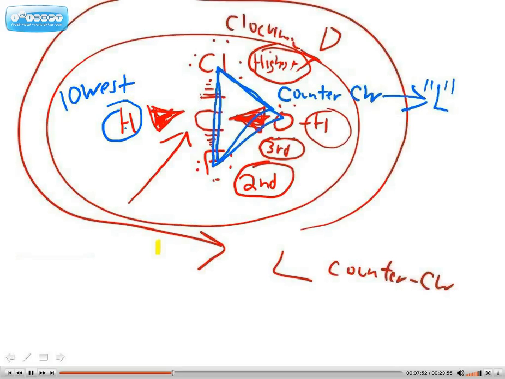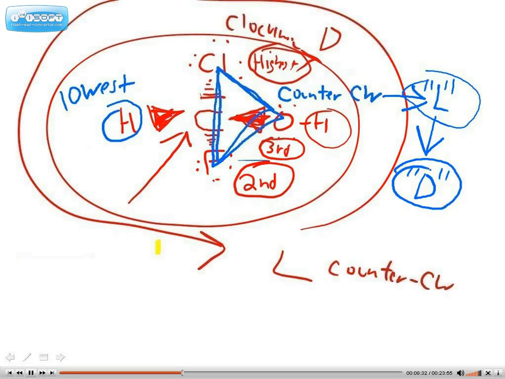And if you look at the rules, it says if the lowest priority is going into the paper and it's a dash, so it's either a line or a dash, so it's parallel or going in, then we keep this L. On the other hand, if the lowest priority is forming a wedge, then we have to flip it to its opposite chiral form, in which case it goes from an L to a D.